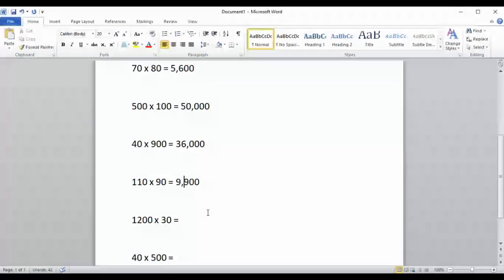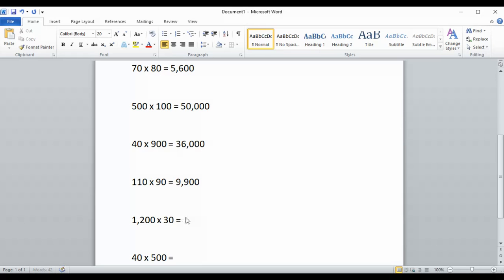Next, we have 1,200 times 30. What is our math fact? 12. Don't let that throw you off. Remember, you're always looking for a math fact. 12 times 3.